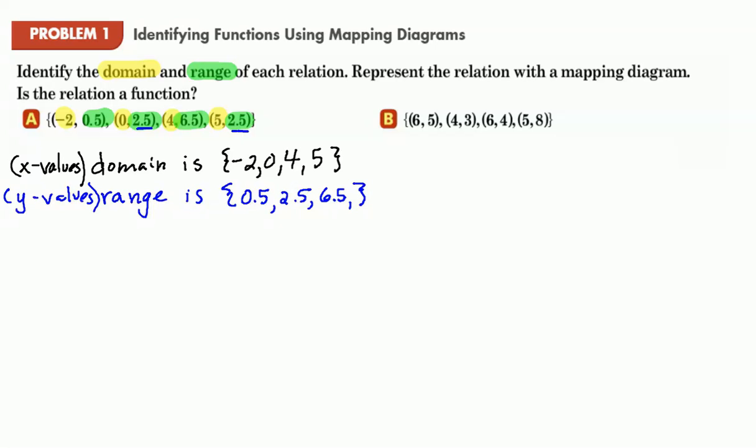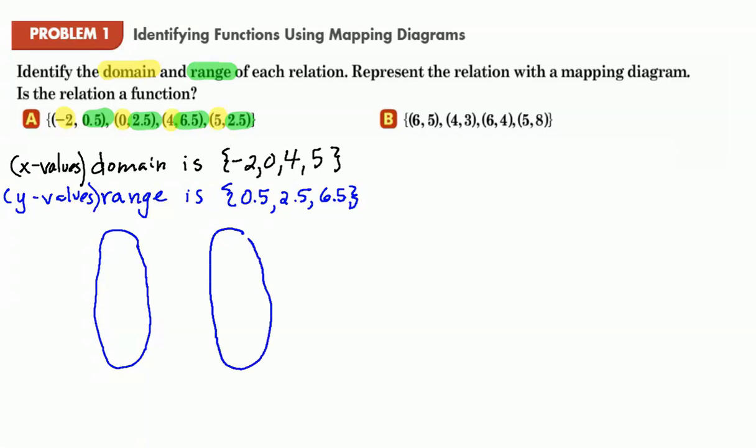Now we're going to do the mapping. For the mapping, we're going to draw two circles. One represents the domain, so we'll write domain.